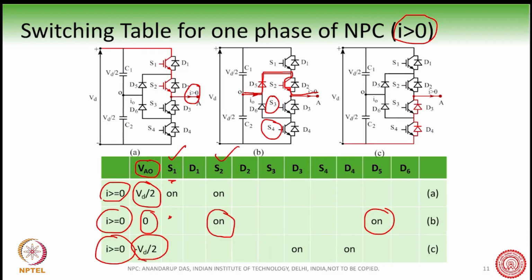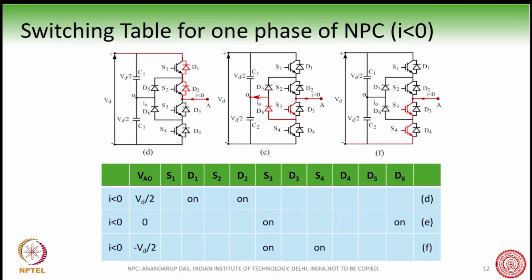But since the current is greater than 0, the current will flow through the antiparallel diodes of S3 and S4, which are D3 and D4. So even if I give gate pulses to S3 and S4, the IGBTs will not conduct, whereas the two antiparallel diodes D3 and D4 will conduct here. So this is what happens with I greater than 0.